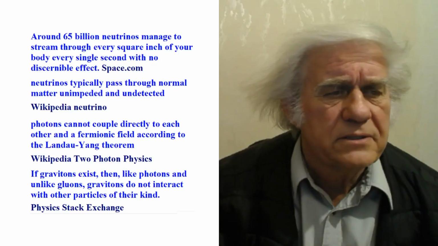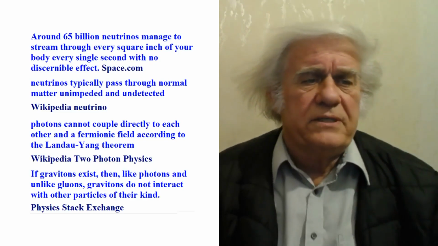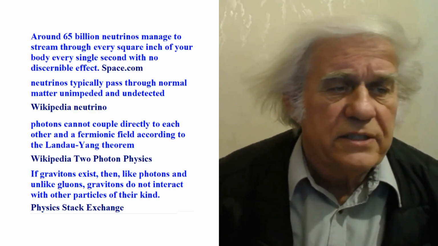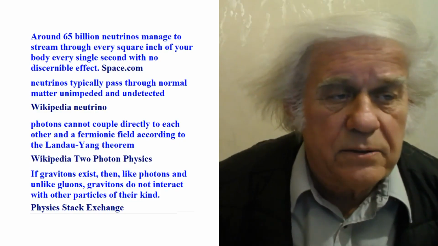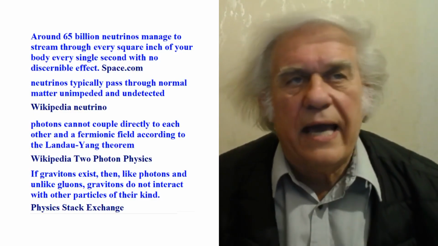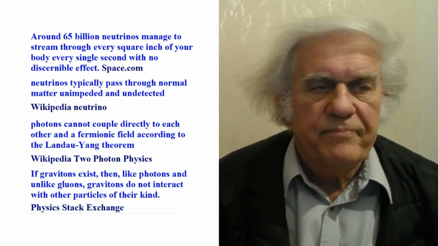See, here's some examples. Let me read them out to you here. Space.com: around 65 billion neutrinos manage to stream through every square inch of your body every single second with no discernible effect. They go right through you, through every atom, through every thing that builds your body.